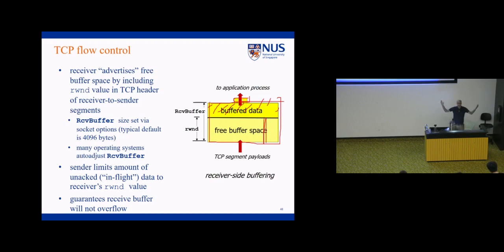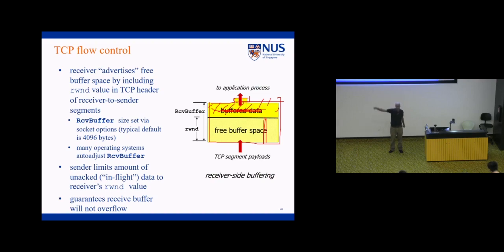If there is no data that remains to be read, everything has been delivered to the application, then there won't be any buffered data, right? That's the whole idea. But at any time, there'll be some data that the application still needs to pull, and there's some free space. So let's say I have received some data. I'm the receiver. I received some data. I put it in the buffer.